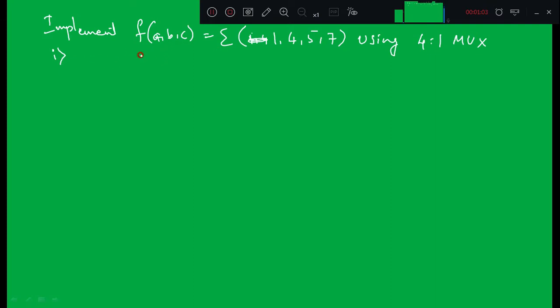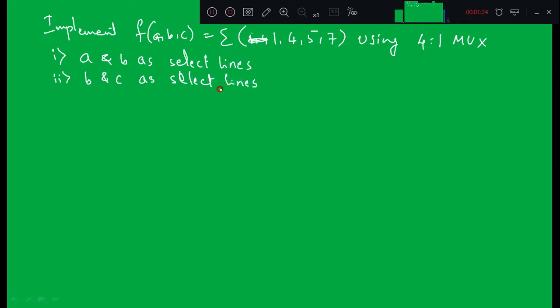So we will implement this design using two methods. In the first method I'll take a and b as select lines, and in the second method we'll take b and c as select lines. How the design differs, we will see now.